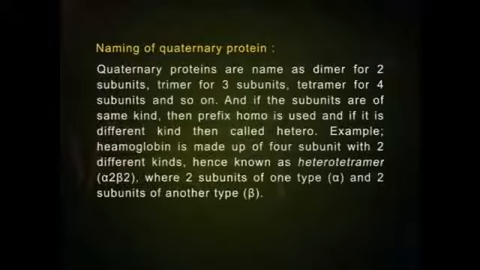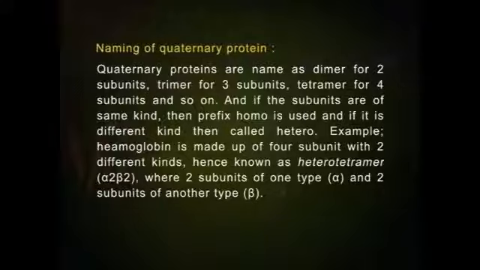Quaternary structure is stabilized by non-covalent interactions such as hydrophobic interactions, electrostatic interactions and hydrogen bonds, as well as covalent disulfide bonds. Now, naming of the quaternary protein. Quaternary proteins are named dimer for 2 subunits, trimer for 3 subunits, tetramer for 4 subunits, and so on.